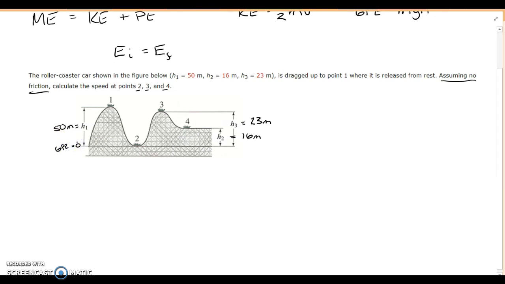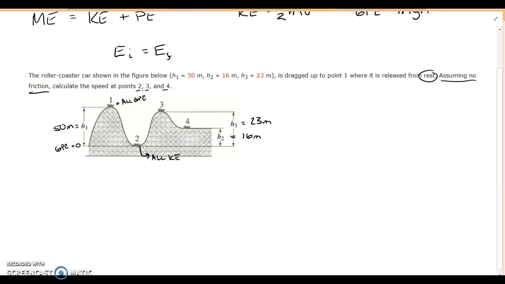And what's convenient about that is we know that when we get to point 2, we will have 0 gravitational potential energy, so that all of our energy at this point is KE. It's all kinetic energy. And at the top, where it says we're leaving from rest, this is all GPE.